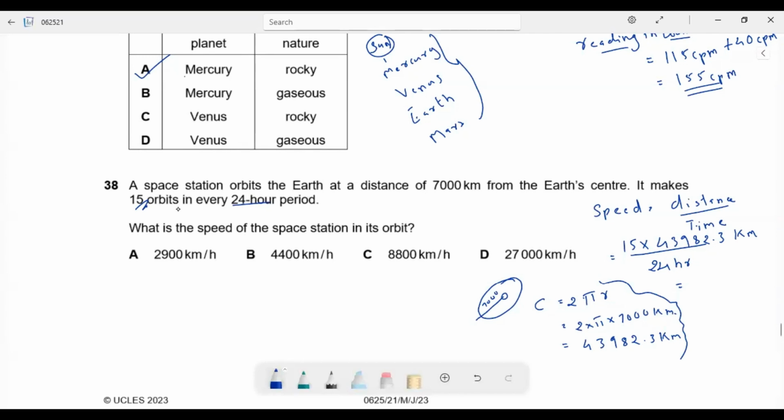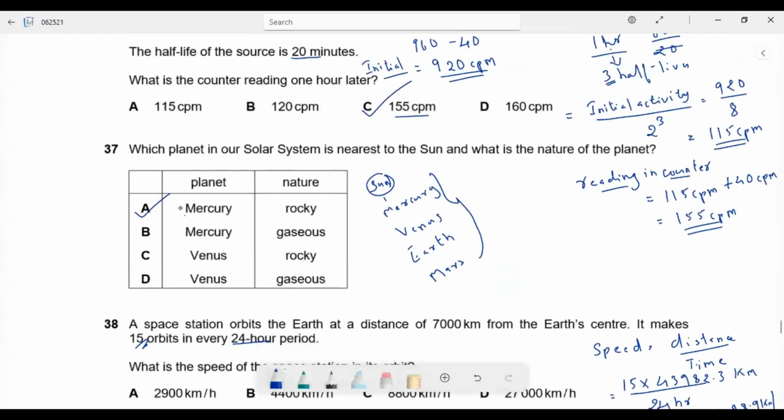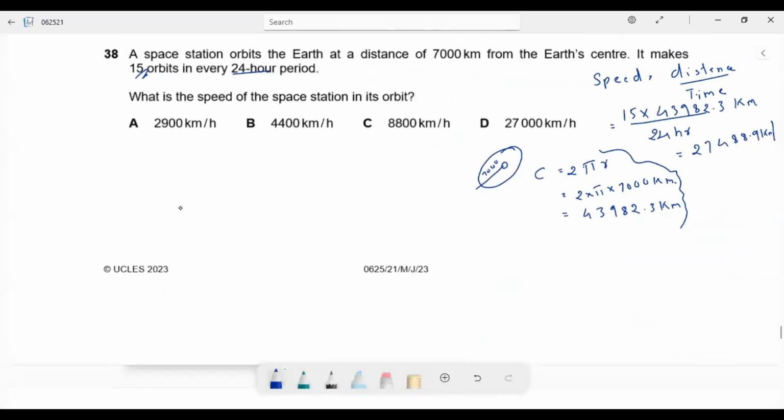We'll be getting the answer as 2748.9 kilometers per hour. So here the right answer is D, approximately 27,000 kilometers per hour.